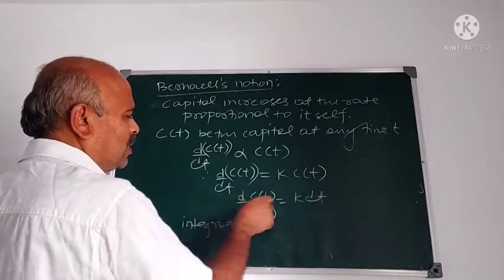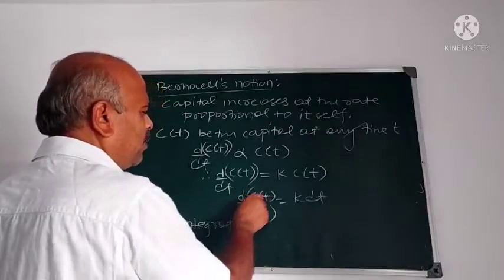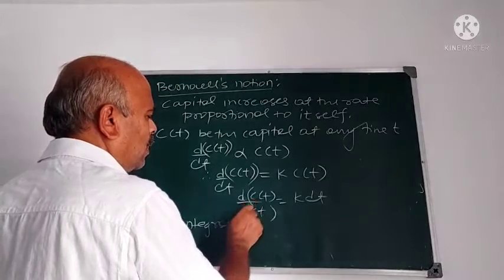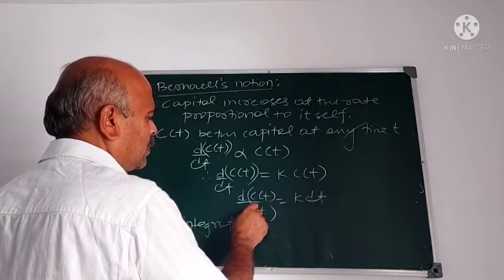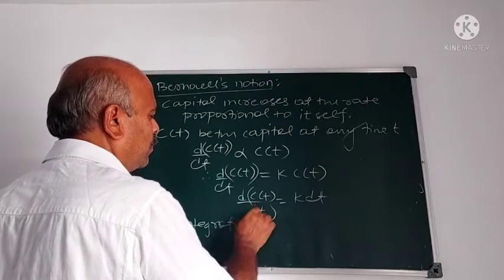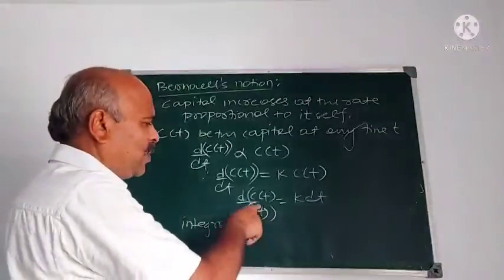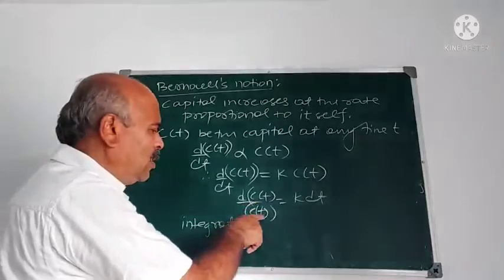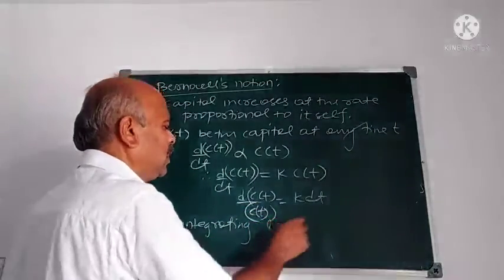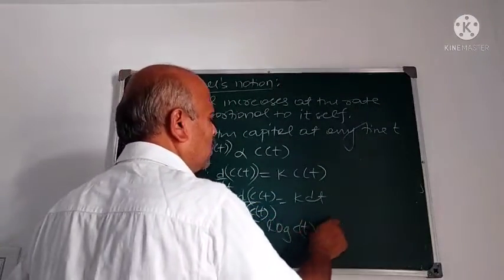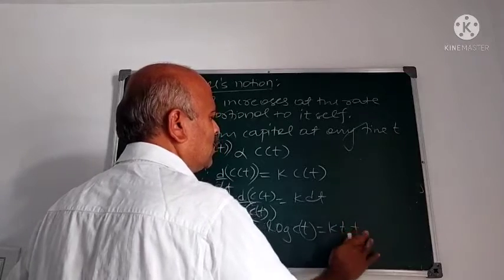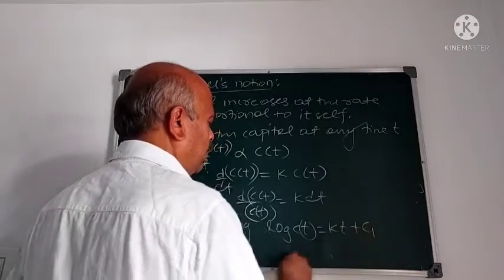What is the integration of the left-hand side? It is of the form f dash x by f x, where the numerator is the derivative of the denominator. Therefore, log C(t) is equal to k t plus C1.